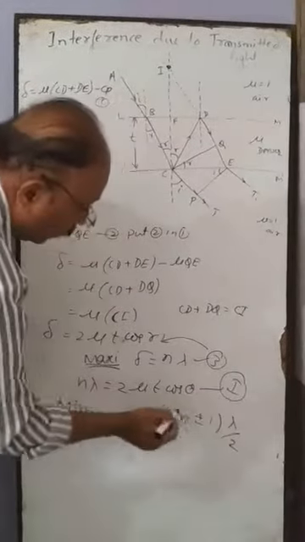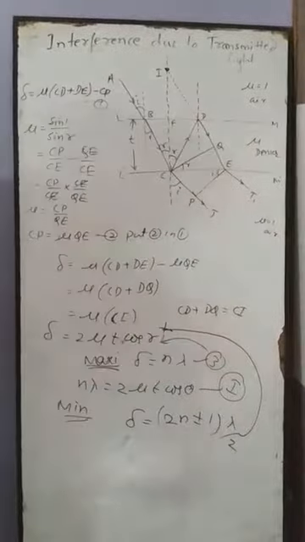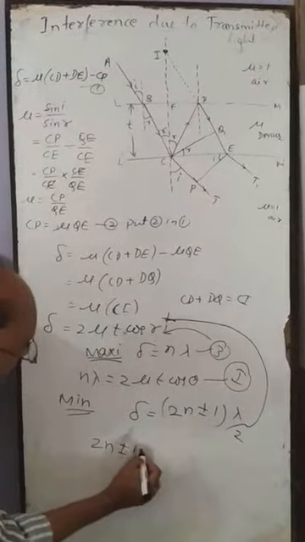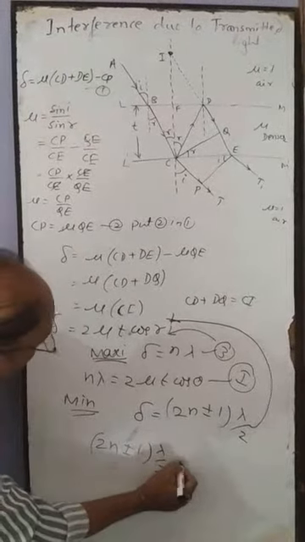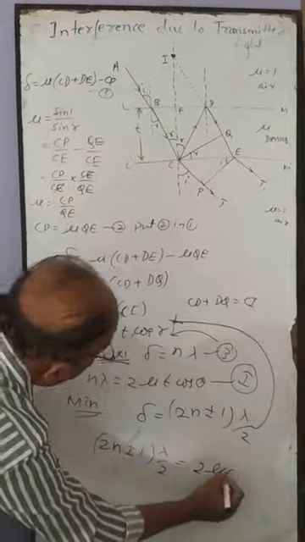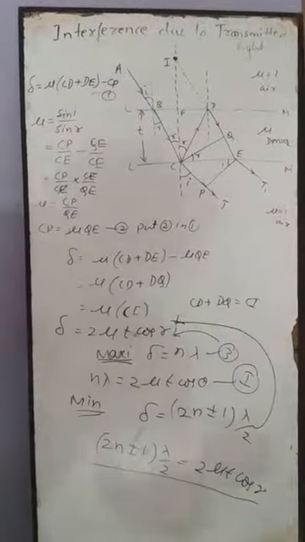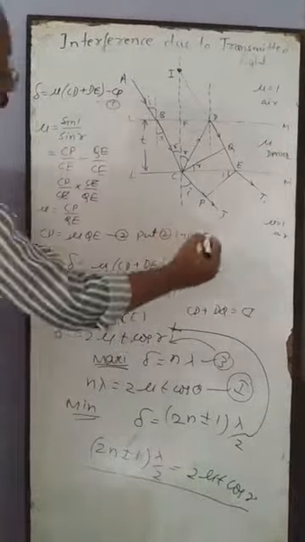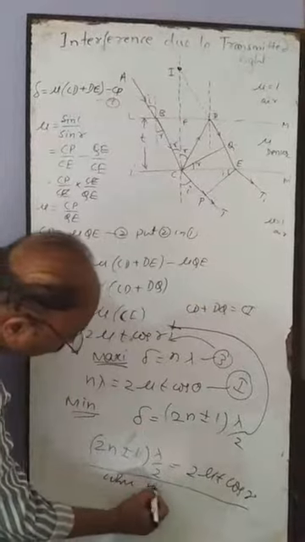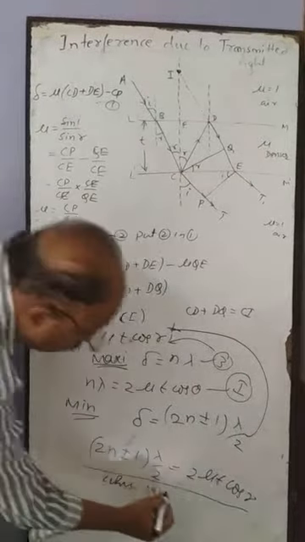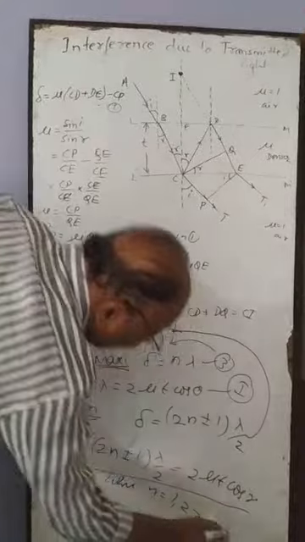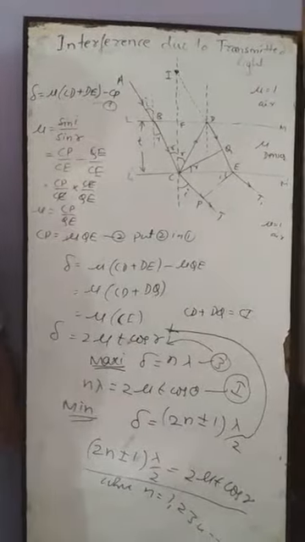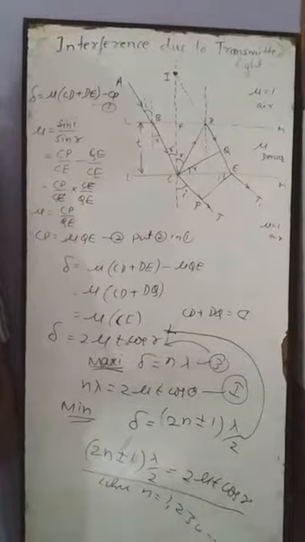Once again this value is substituted here. So (2n plus or minus 1) lambda by 2 is equal to 2 mu t cos r. This is for the minimum, where n is equal to 1, 2, 3, 4, and so on. So this is about the interference due to the transmitted light.